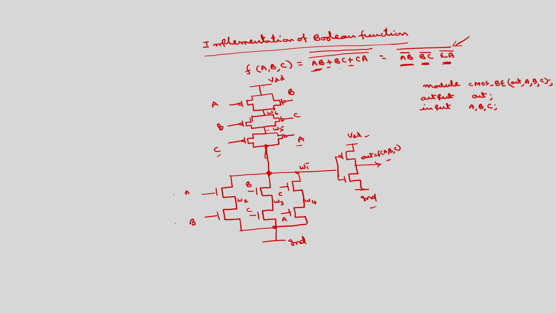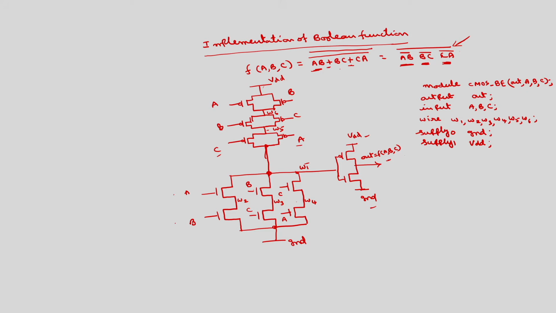So, a total of 6 wires are required. And then of course supply 0, GND, supply 1, VDD.